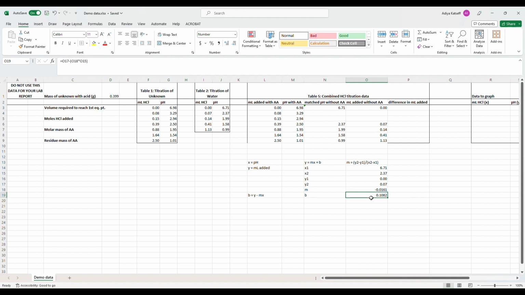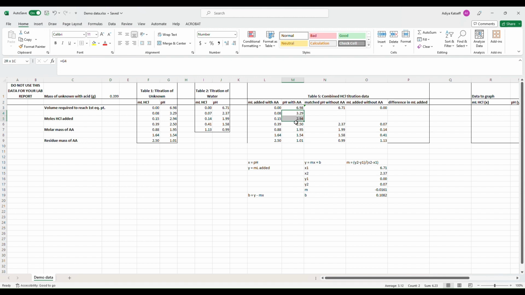So now that we've solved for b, we are now able to fill in the gaps for our mils added, which again is the y values for our line equation. And so to do that, we already know that y equals mx plus b. We figured out m, we figured out b, and the x values are the pHs.